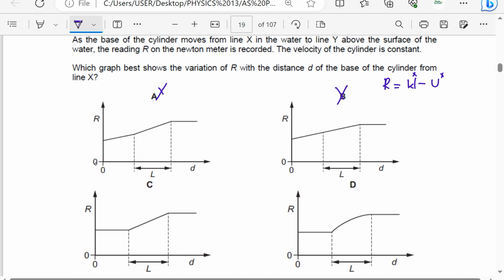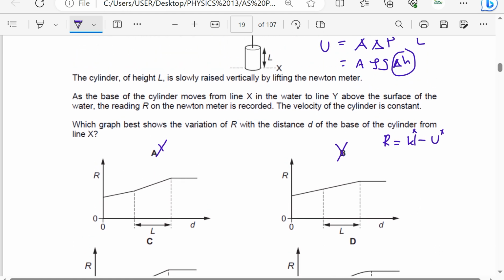Then after, when we reach the surface, upthrust is going to depend on the R. So R is going to be equal to W minus the upthrust, which is going to be cross-sectional area, density, g, where there is h, I'm putting L, but L is going to start decreasing. The height which is submerged is going to start decreasing.